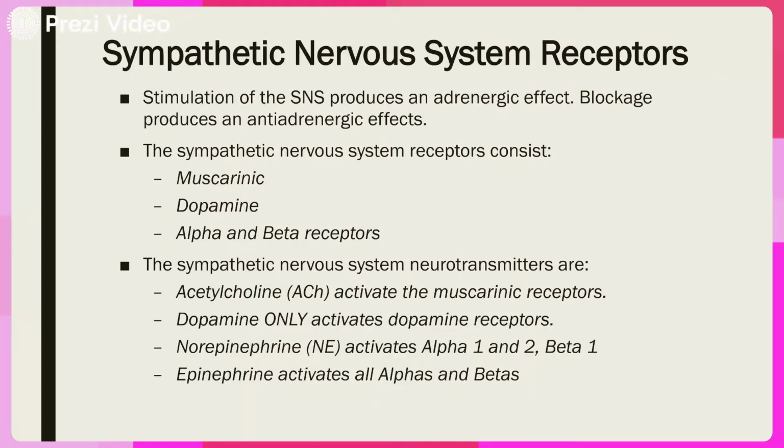Norepinephrine activates alpha 1, alpha 2, and beta 1. And then epinephrine activates all the alphas and the betas. So this is where selectivity comes into play, because if we give a medication that has an adrenergic effect, most likely it will activate the different neurotransmitters that we're talking about: the acetylcholine, the dopamine, the norepinephrine, the epinephrine, unless they are selective, because we do have beta blockers that are selective.